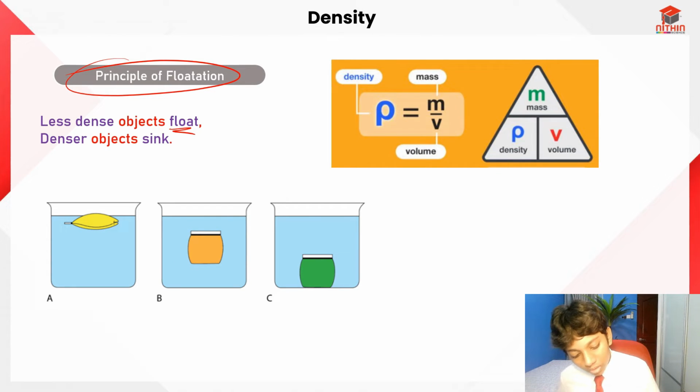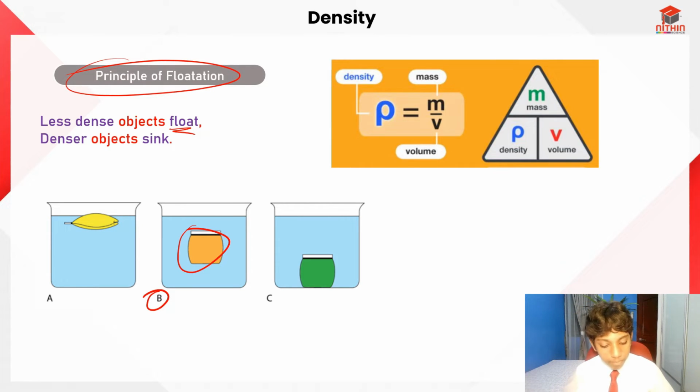Another thing you need to know: if the density of the object and the liquid that they are submerged in are the same, like for this B over here, the density of this jar and water is basically the same. While A is floating, it's not fully submerged, some of it we can see from the top.